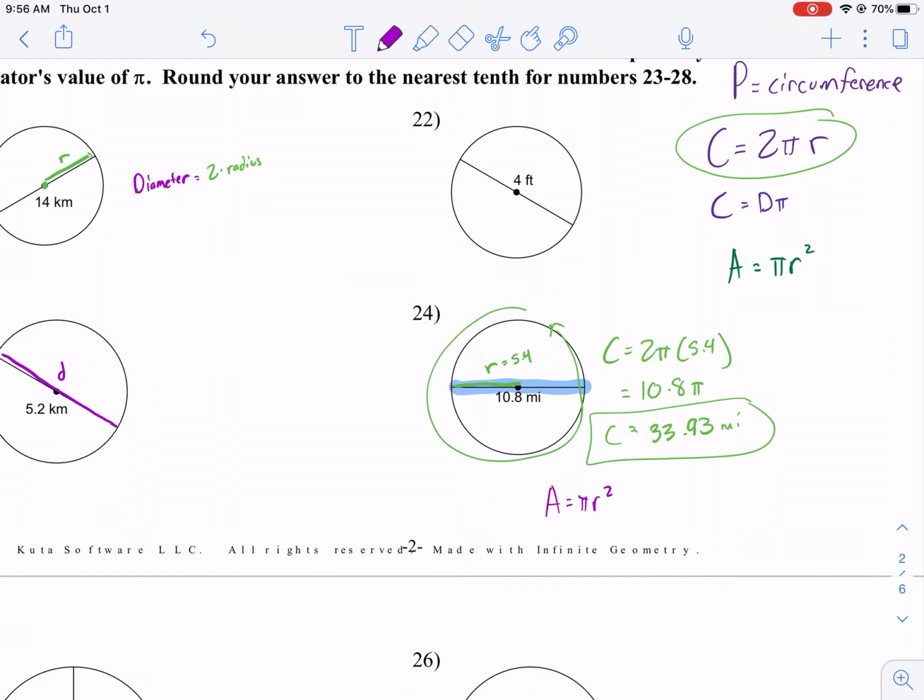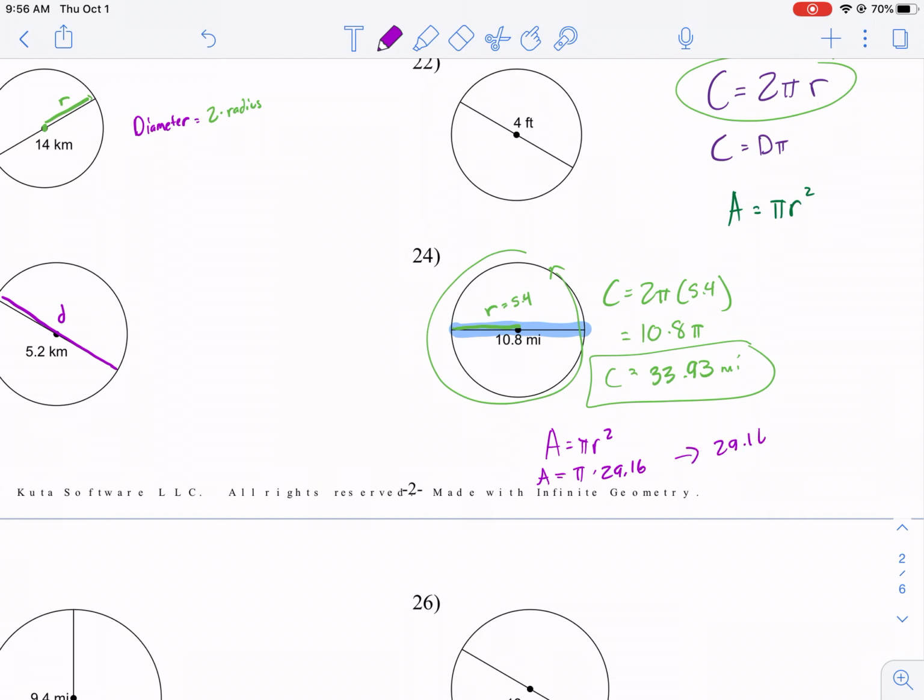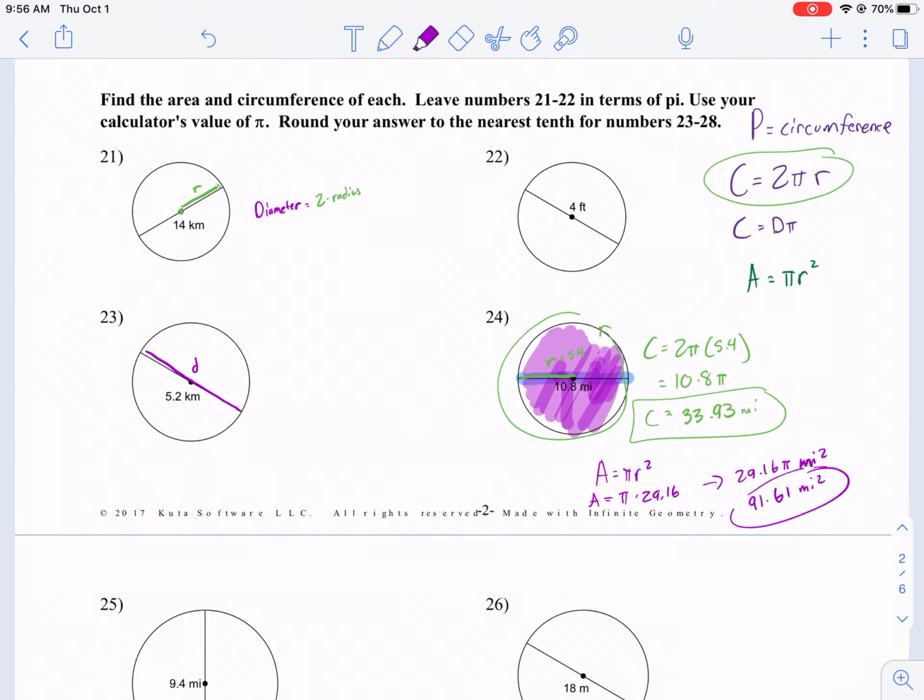Depending on your teacher, you may leave it as 29.16 pi units squared, or miles squared. But I'm going to multiply that out times pi, and I get 91.61 miles squared. And that would be all the space inside the area, the two-dimensional space inside that circle.